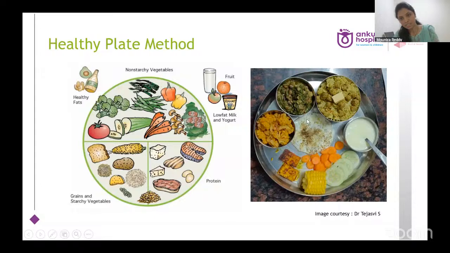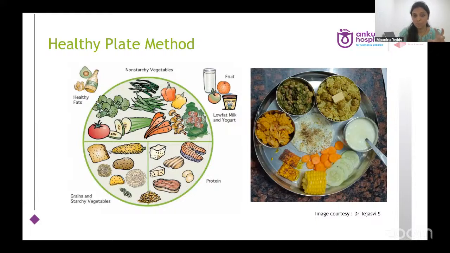And if we see the Indianized version of this, I came across a wonderful article which suggested that the Indian thali system was always built on the idea of giving balanced meals. If you see the healthy plate method in the Indian thali system as well, usually we see more vegetables, 2 or 3 varieties of vegetables, some rasam, and probably a 1/4 part or a little less than that inclusive of rice and roti and the proteins.